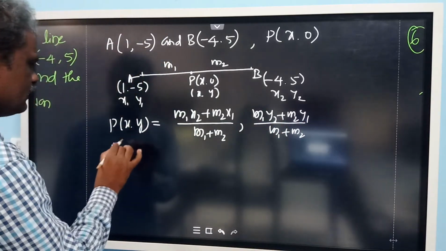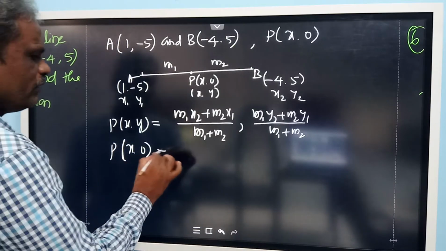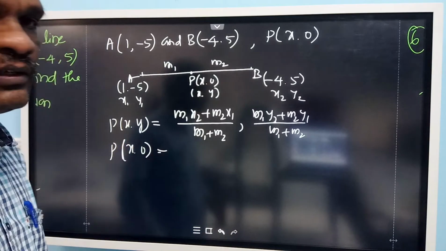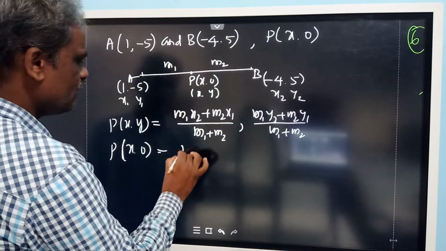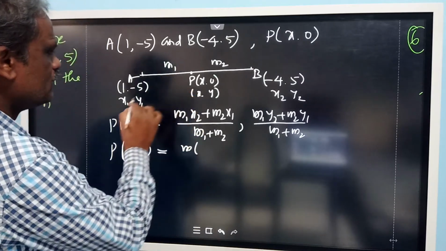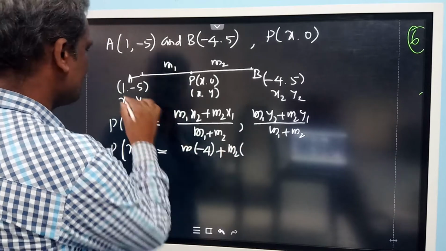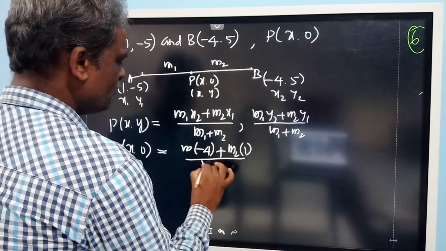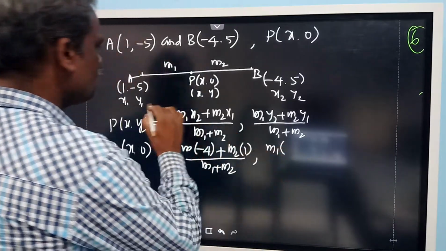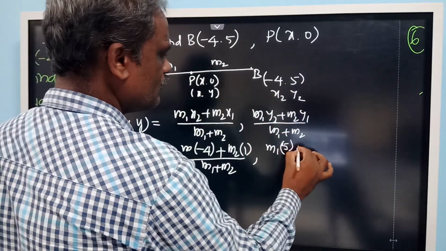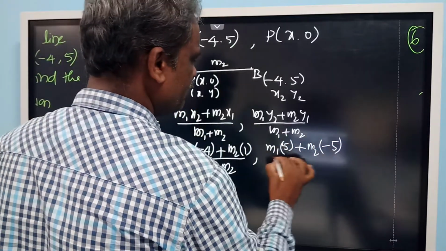Substitute: P is in the form (x, 0), since it lies on the x-axis. We do not know m1 and m2. Here x2 is -4 and x1 is 1, and for y, y2 is 5 and y1 is -5.